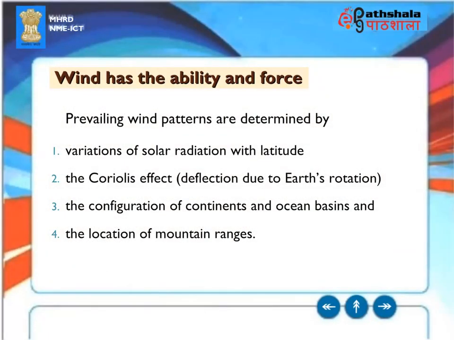Prevailing wind patterns are determined by variations of solar radiation with latitude, the Coriolis effect, deflection due to Earth's rotation, the configuration of continents and ocean basins, and the location of mountain ranges.